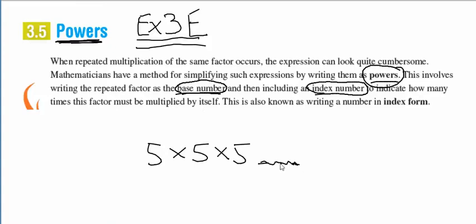So if we just had 5 times 5 times 5, 5 would be the base number, and the number of times it's been multiplied by itself, 1, 2, 3, is our power. It's always written to the right side and just a little bit above, and it's a smaller number. This is also known as writing the number in index form.